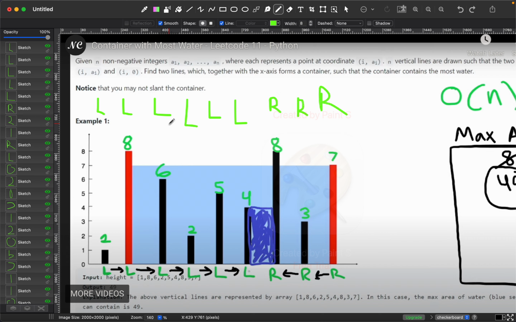You can see for yourself: L and R, which one is bigger? R is bigger, so we move the L over here. Now L and R is one of the biggest in my opinion, and sure enough we get the biggest area by having these two L and R.